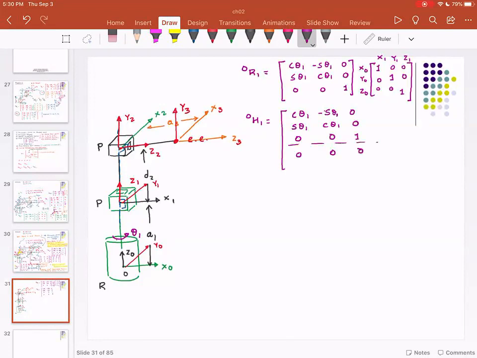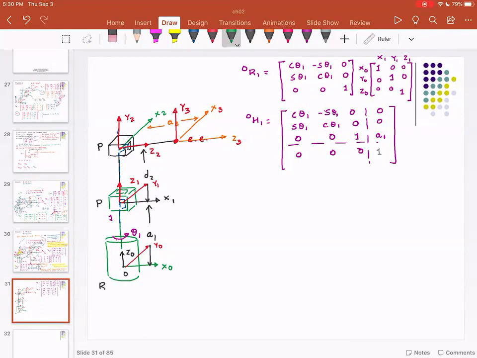And now let's talk about the distances. The distance between frame 0 and frame 1 is along Z0, and that distance is A1. So this is going to be my first homogeneous transformation.